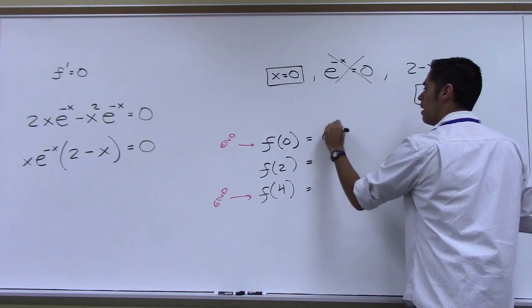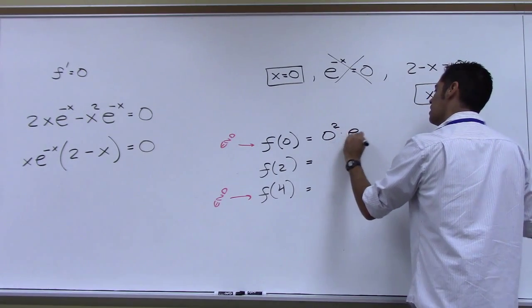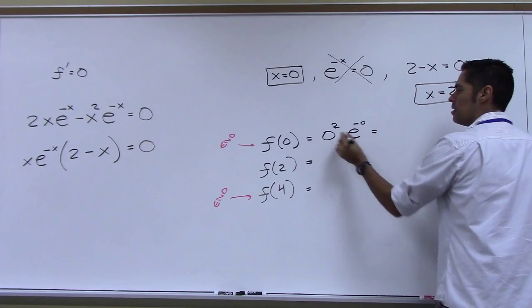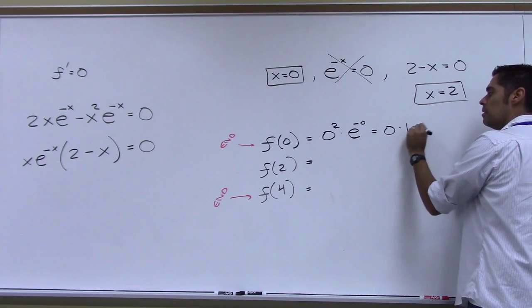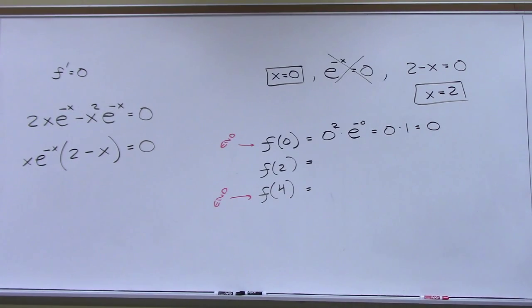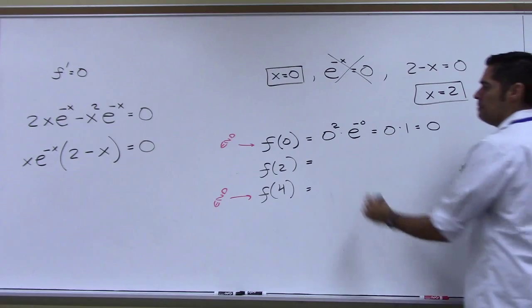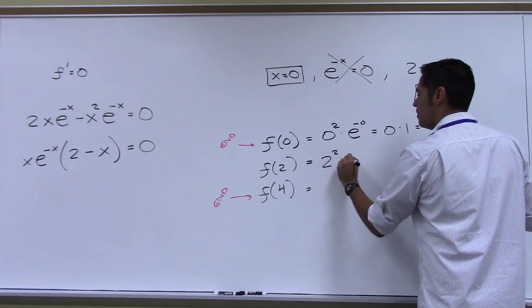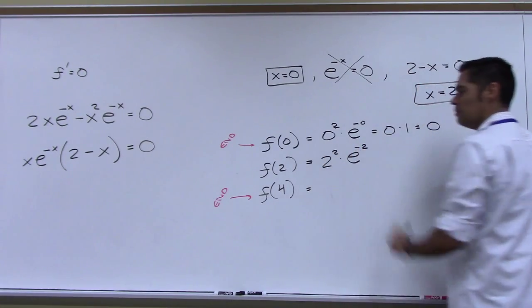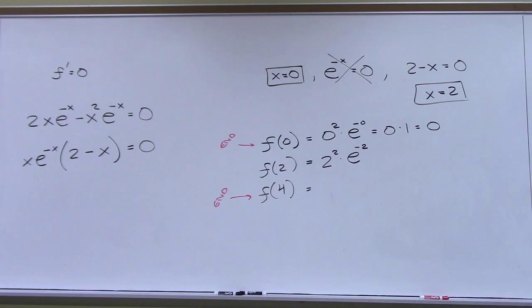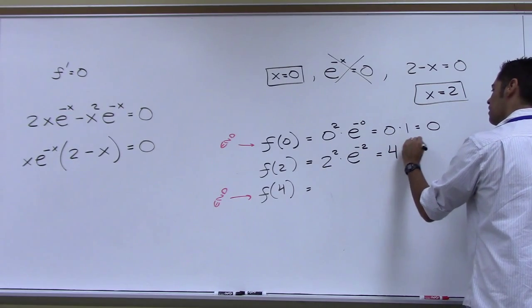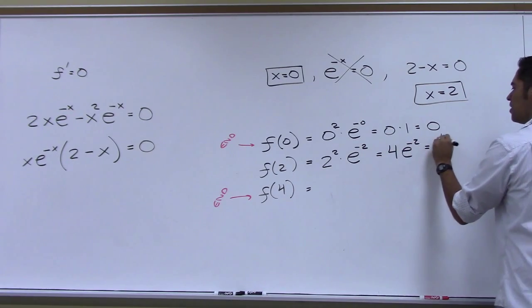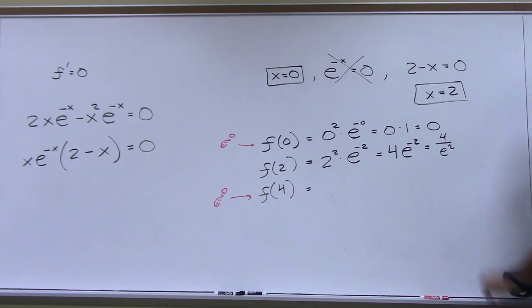So this is 0 squared times e to the negative 0, which is 0 times e to the 0, which is 1. So this is just 0. What about 2? 2 squared times e to the negative 2, which is 4 times e to the negative 2, which is the same as 4 over e squared, if you so desire to rewrite it that way.